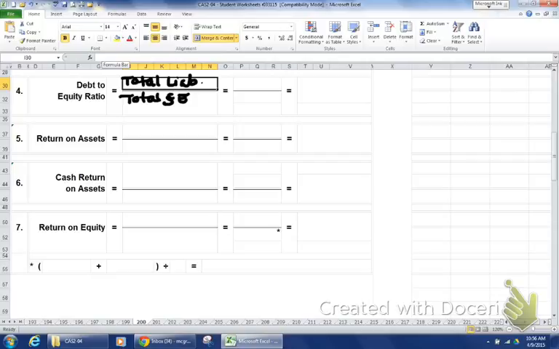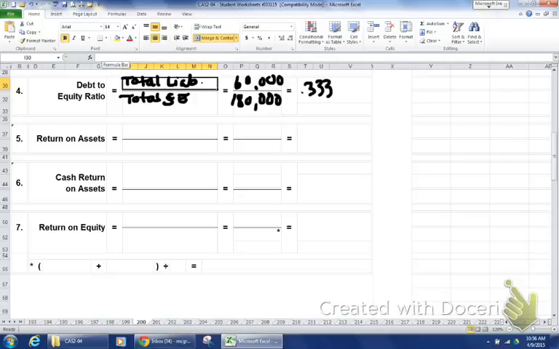So our numerator in this particular problem is total liabilities of $60,000. And our denominator is going to be $180,000 in stockholders' equity. This represents a ratio of 0.333.